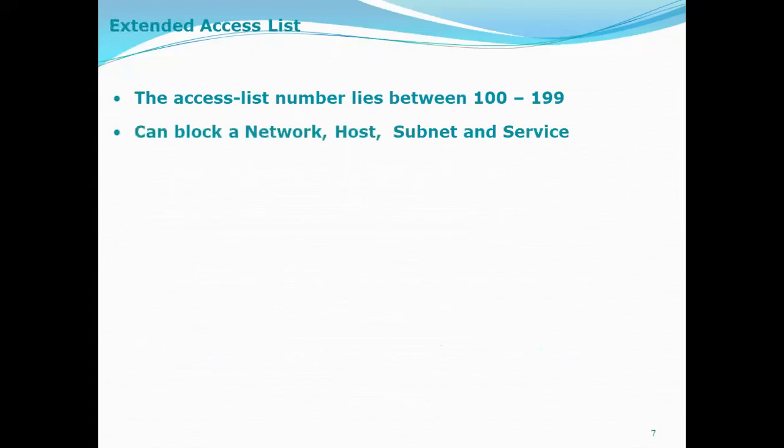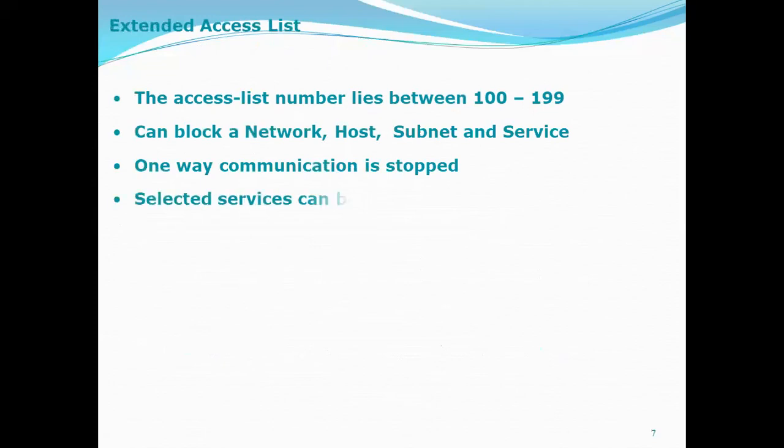Next, extended ACL. Extended ACL number lies between 100 to 199, can block a network, host, subnet, and service. One-way communication is stopped. So if it is inbound, then incoming traffic will be stopped. If it's outbound, the outgoing traffic will be stopped. But the other way is permitted.